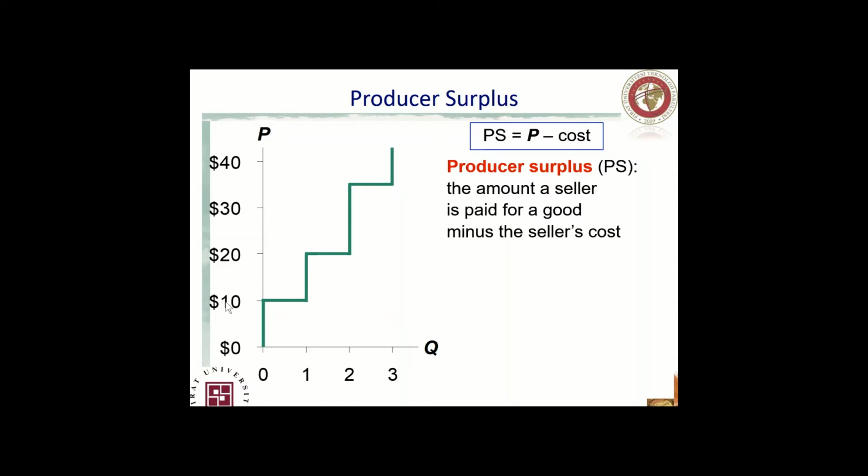If a person is selling a service or good for $10, what is its cost to you? Maybe 5. So we subtract, 10 minus 5, and we get the producer surplus in this case.